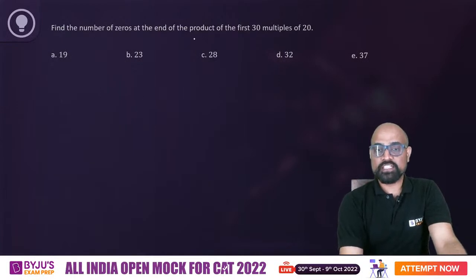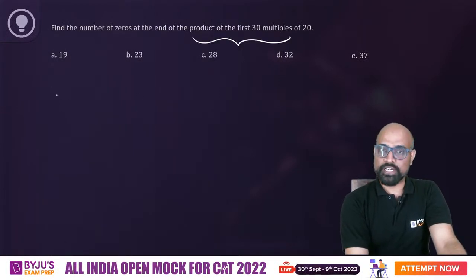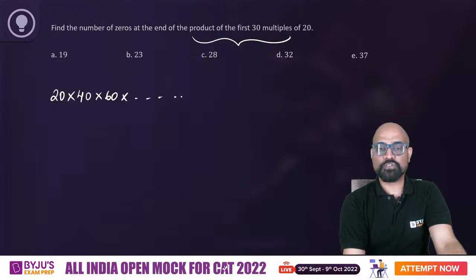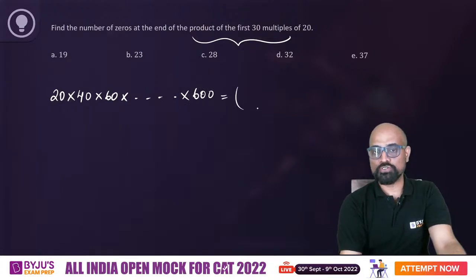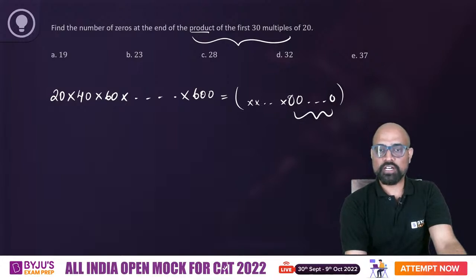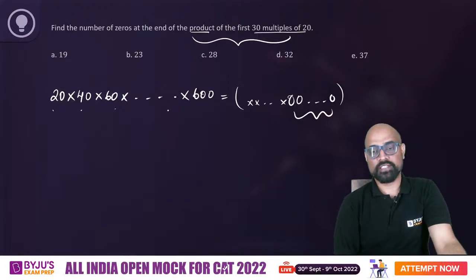So, when you have to find the product of first 30 multiples of 20, the first multiple of 20 is 20, the next multiple of 20 is 40, the next multiple of 20 is 60, and the 30th multiple of 20 is going to be 600, right? So you have to multiply all of these numbers and find out how many zeros you are going to have at the end, right? Product of first 30 multiples of 20, 30 multiples of 20 लिख दिया और फिर उसको product ले लिया, multiply कर दिया.